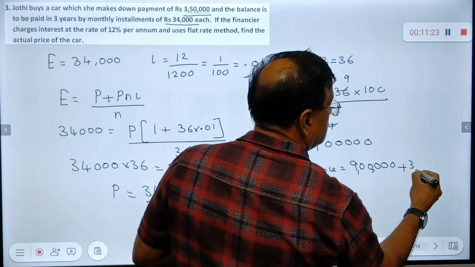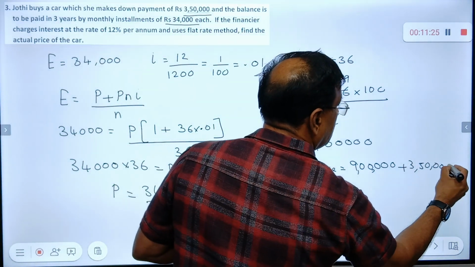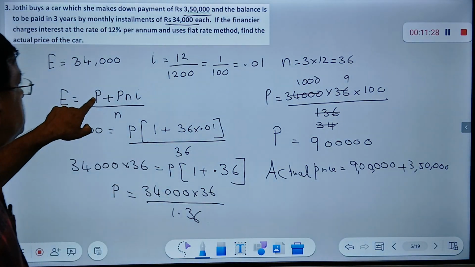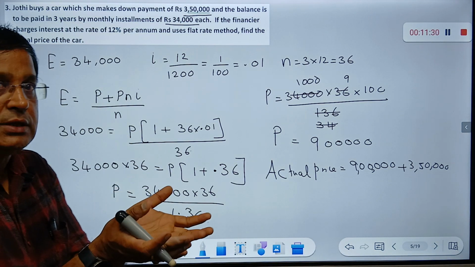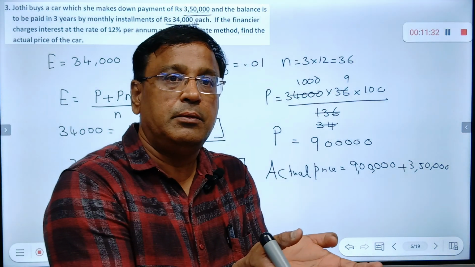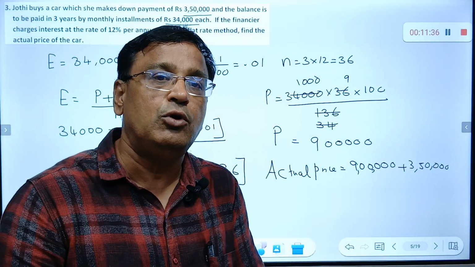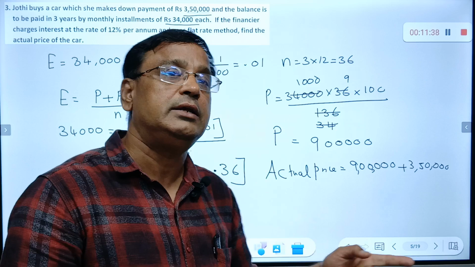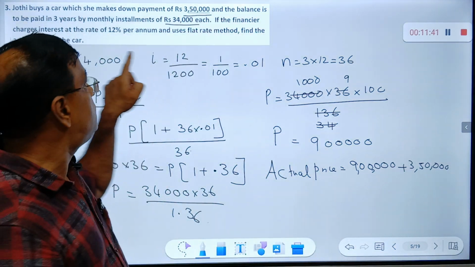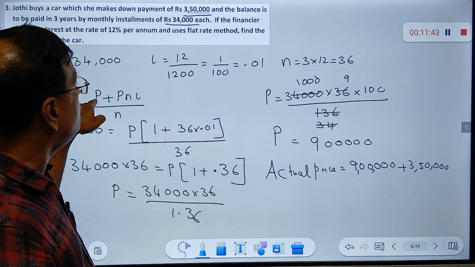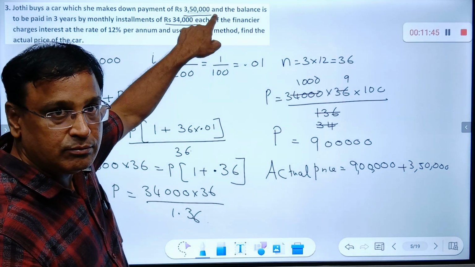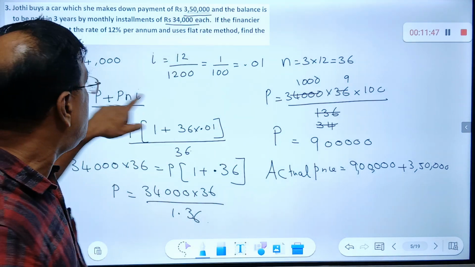What is that? 3,50,000. You understand? See, this principal is the loan amount, the initial loan amount. And that initial loan amount I arrive at only after deducting the down payment. So this P, do not include this 3,50,000. It has been subtracted, and I got that P.